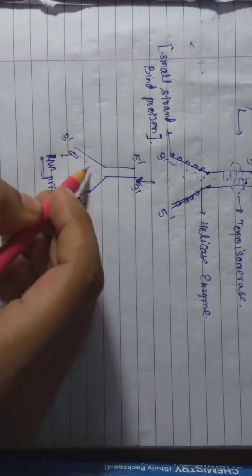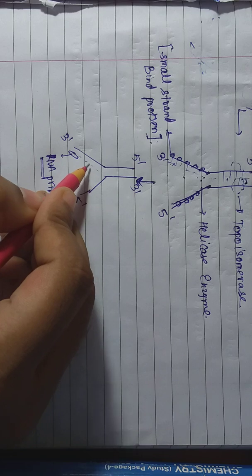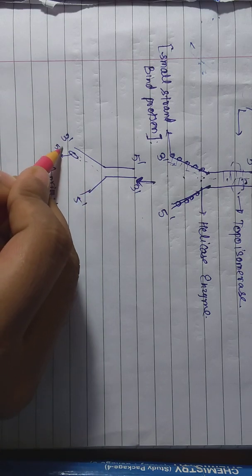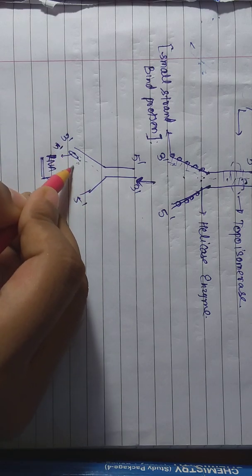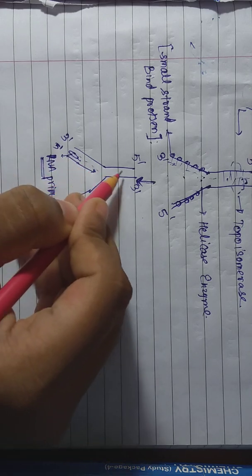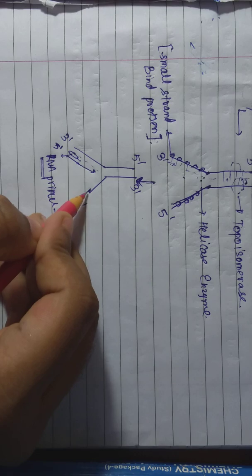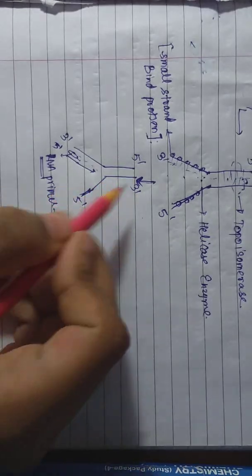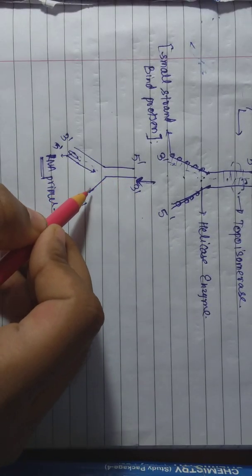Now the DNA polymerase will act here, this is the 5 end and this is the 3 OH end, and the polymerization will take place in this direction. But there is a problem in this strand here.